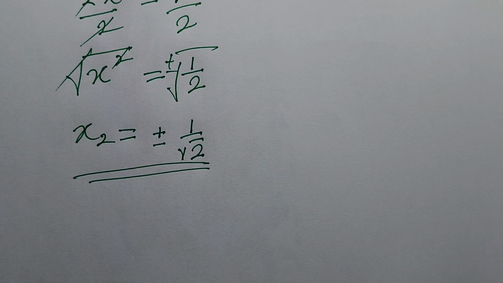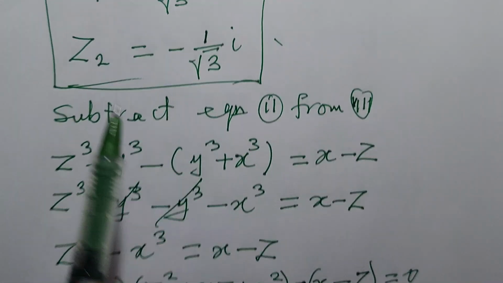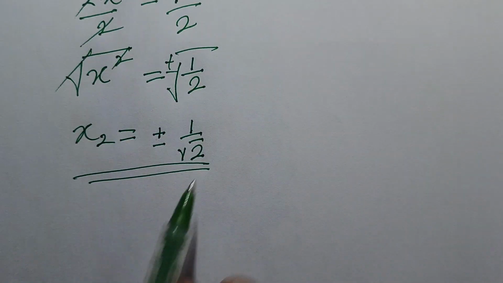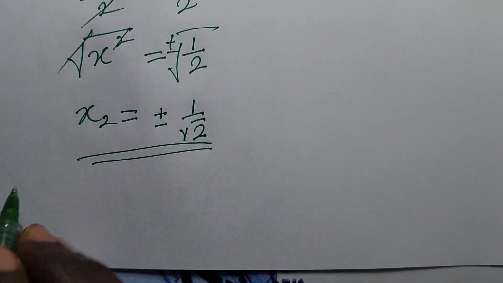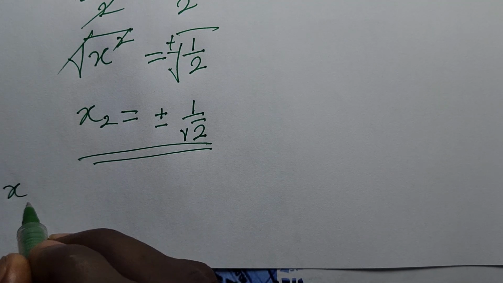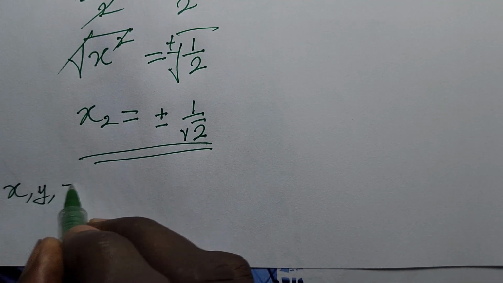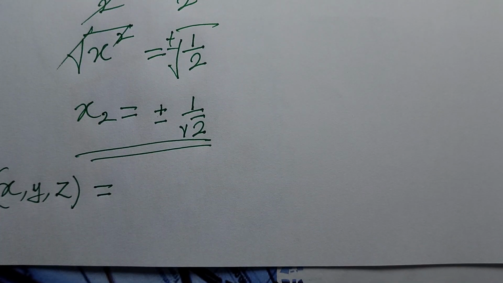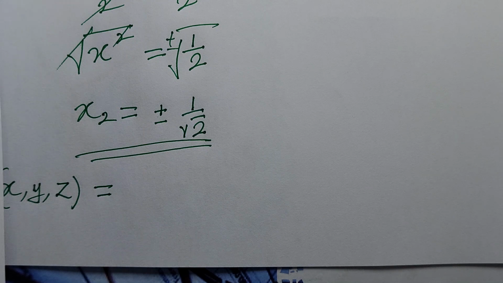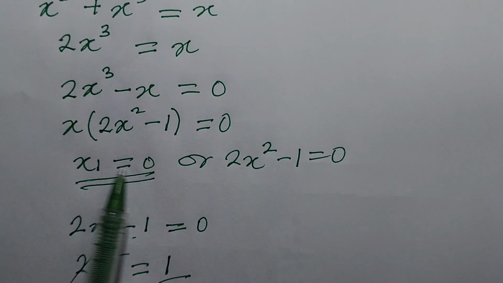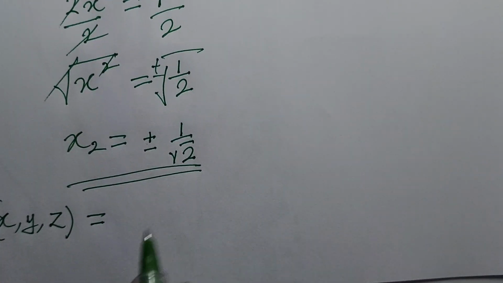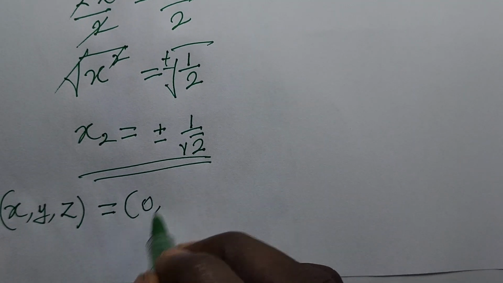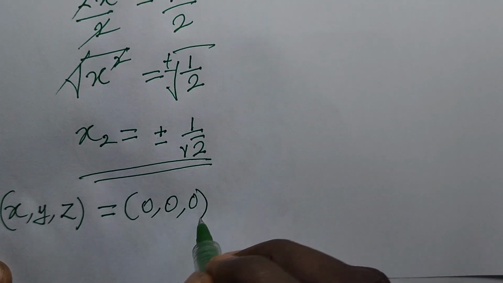The first value we solved for is this one here. So it tells me our bracket x, comma y, comma z will now be equal to, one of them is 0, right? Let's start with the one that has 0, which is this very one. So this is going to give us bracket 0 comma 0 comma 0.